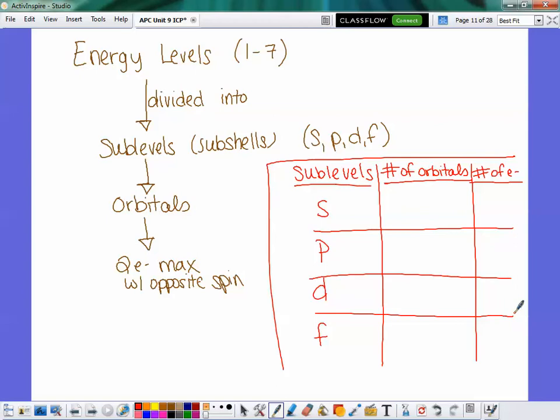In the S sublevel, how many orbitals are there? 1 orbital. So how many electrons can be on the S sublevel? 2. The P sublevel, how many orbitals are there? 3. So how many electrons? 6. D sublevel, 5. How many electrons? 10. And F. 7 orbitals. 1, 3, 5, 7. How many electrons? 14.